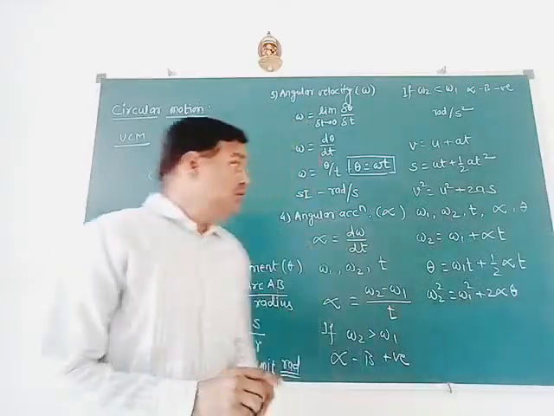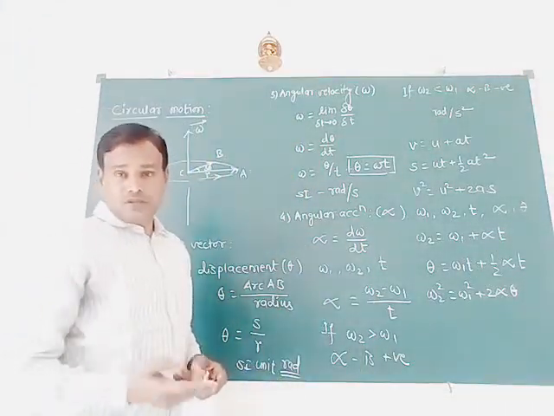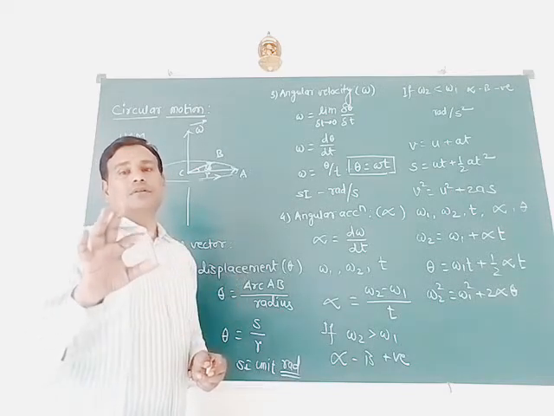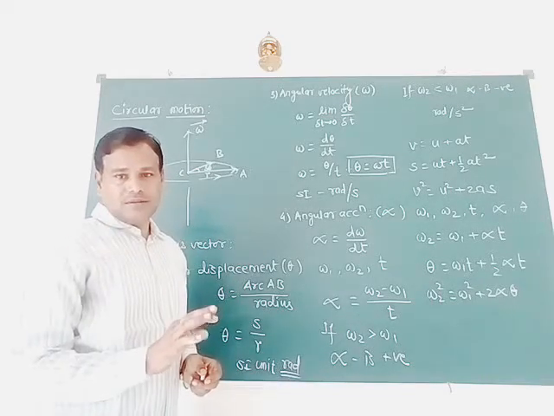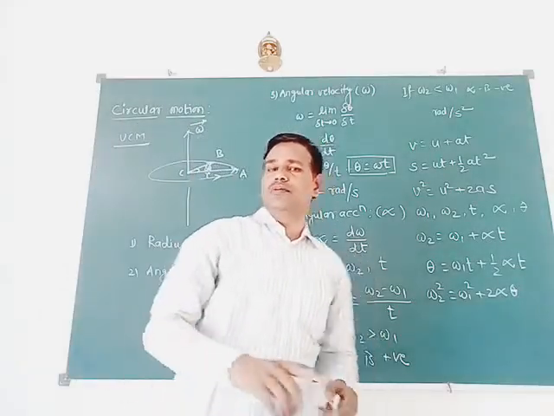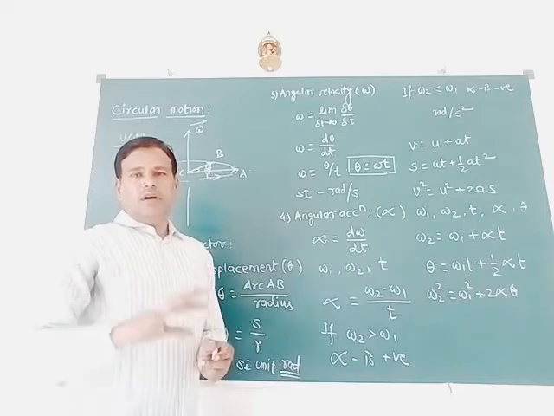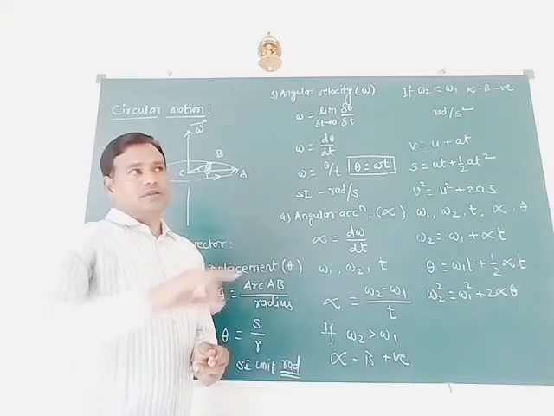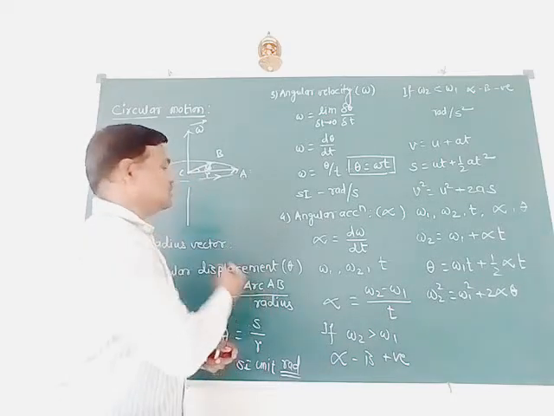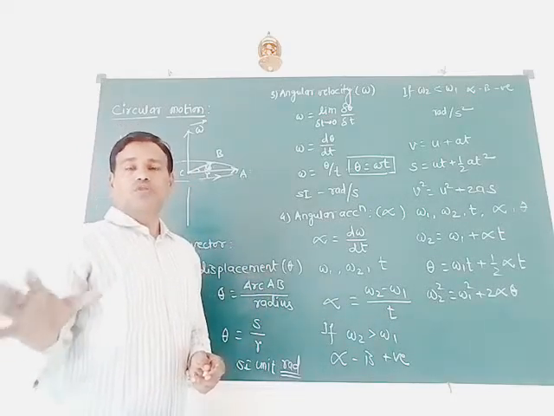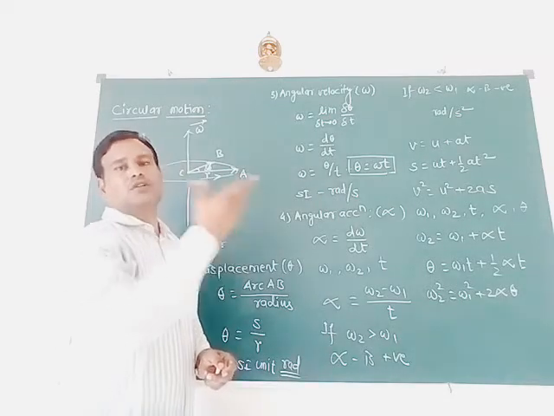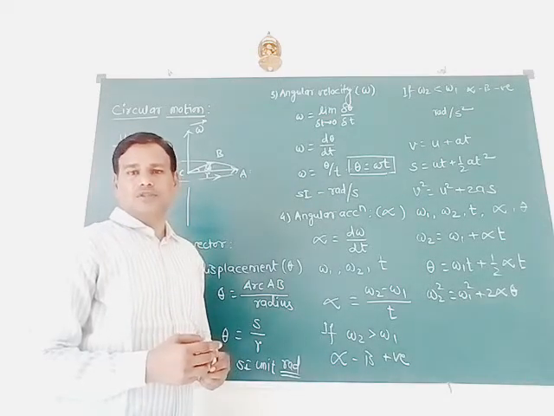And if the motion of the particle is along the circumference of the circle but with changing speed magnitude, then it is called non-uniform circular motion. Any vertical circular motion is non-uniform, any horizontal circular motion is uniform. The motion of a planet around the sun is considered to be circular motion. It is uniform circular motion.